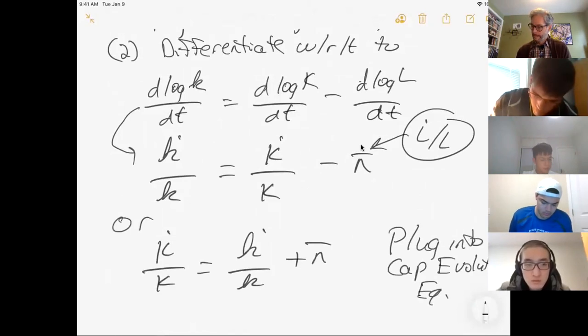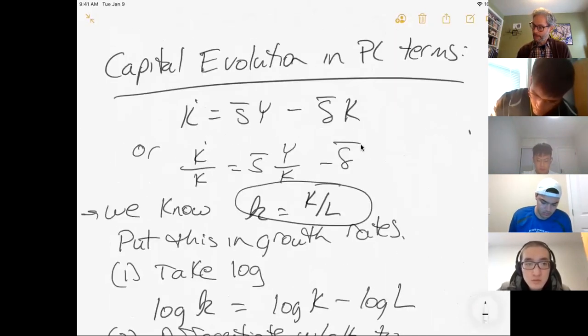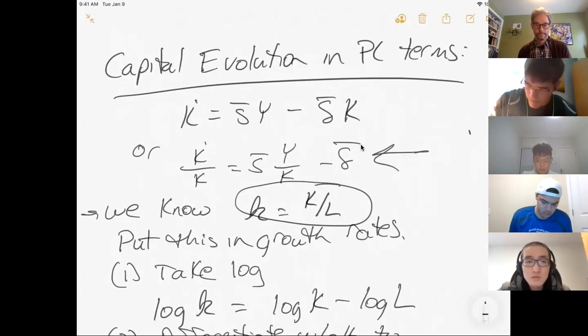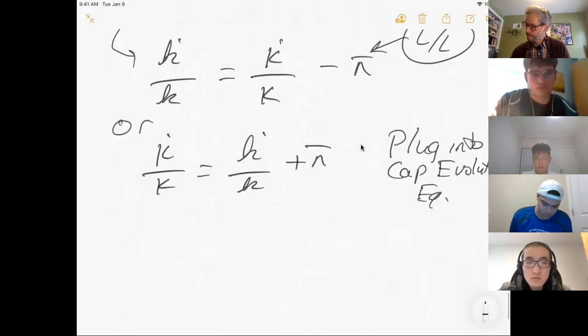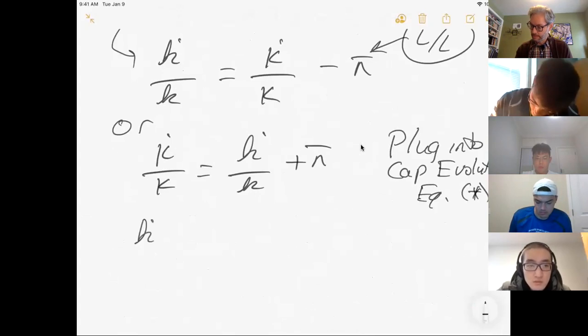Okay. Now, if we go back and plug it into our capital evolution equation here, right? So maybe we can call this equation star. What do we get?